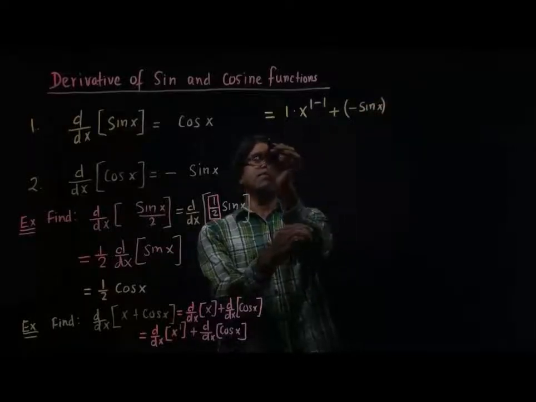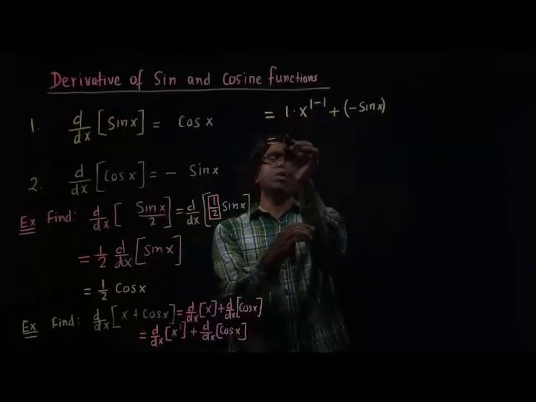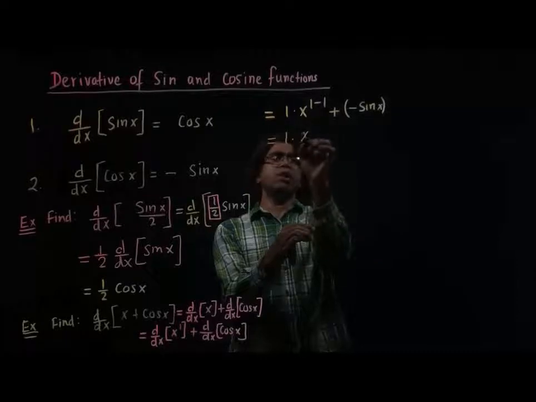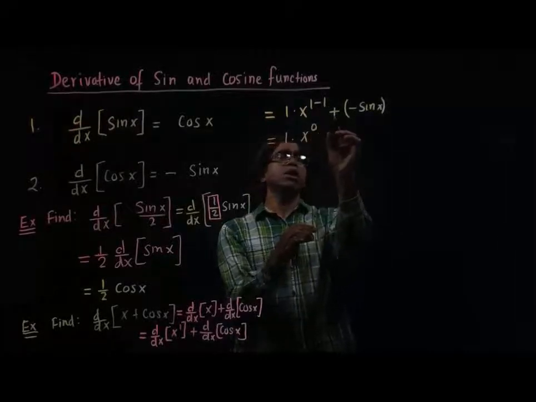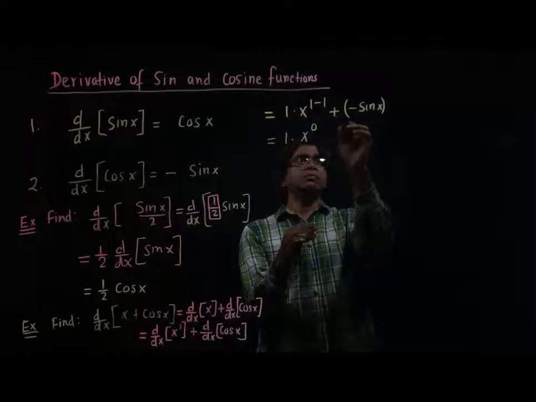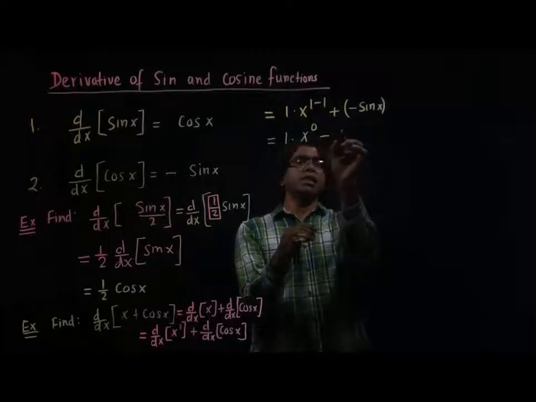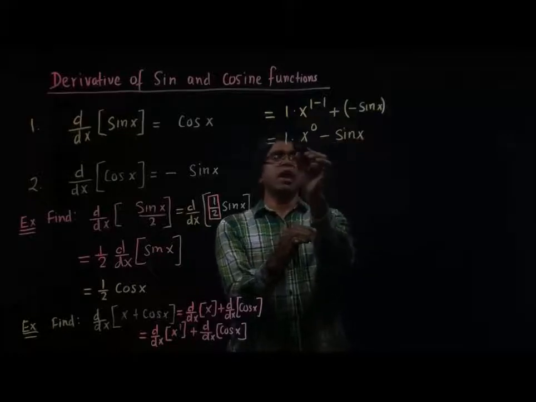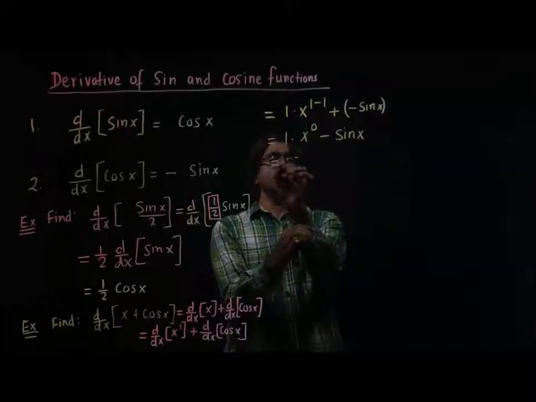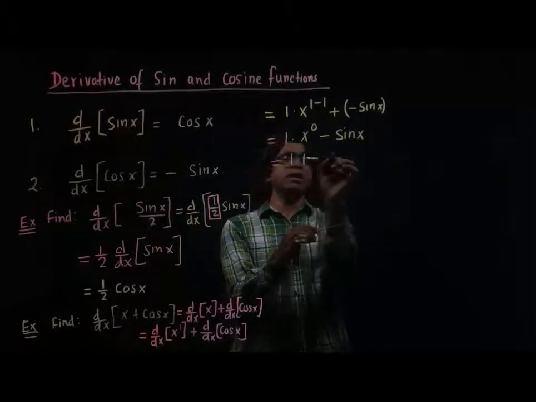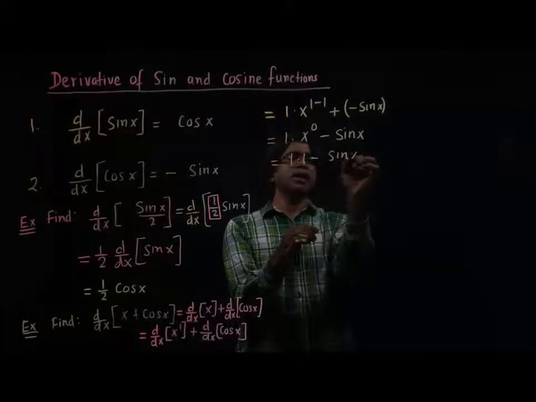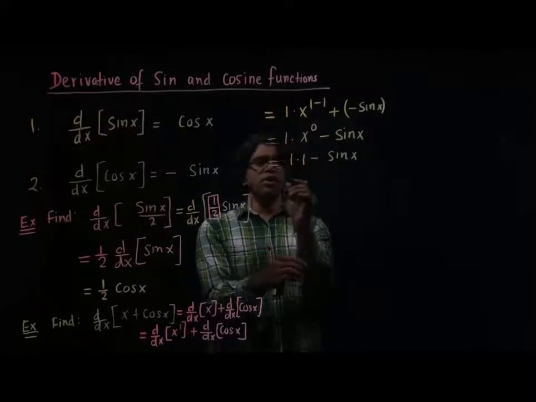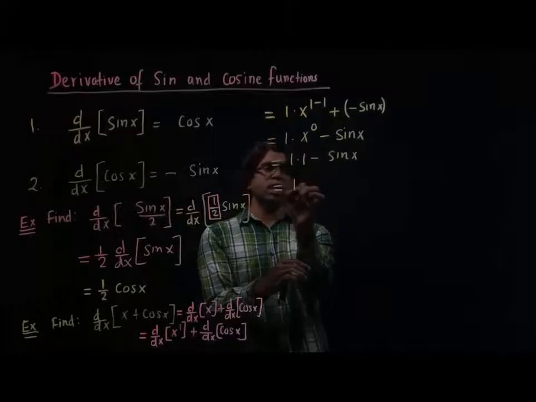So let's simplify further. I have 1 times x to the power 1 minus 1, which is x to the power 0, and then positive times negative is negative, so I have minus sine x. Now x to the power 0 is 1, so I have 1 times 1 minus sine x, and 1 times 1 is 1.